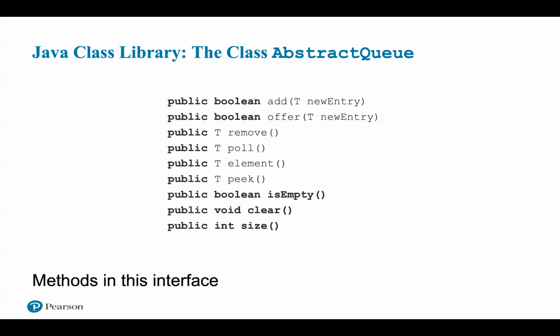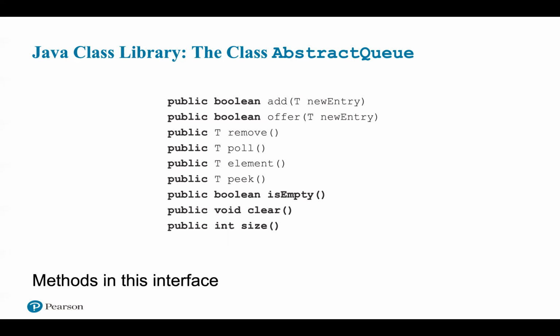Recall from segment 7-13 of the previous chapter the methods that were talked about in terms of the interface. AbstractQueue provides implementations of the methods add, remove, and element that invoke offer, poll, and peek respectively. You can define a class of queues by using inheritance to extend AbstractQueue. The class must override at least the following methods: offer, poll, peek, and size.